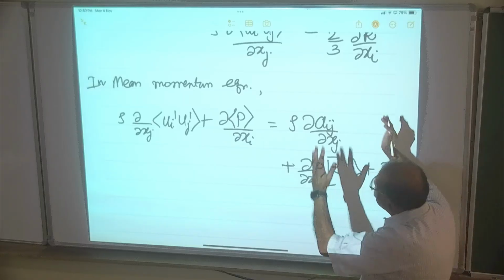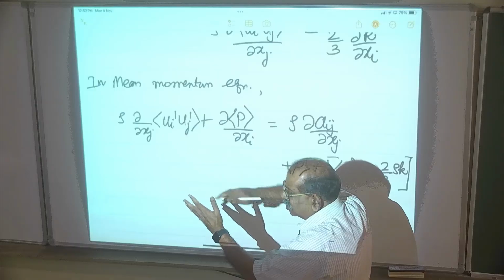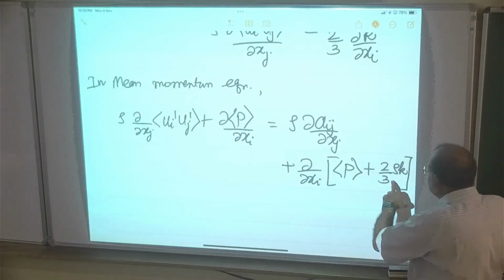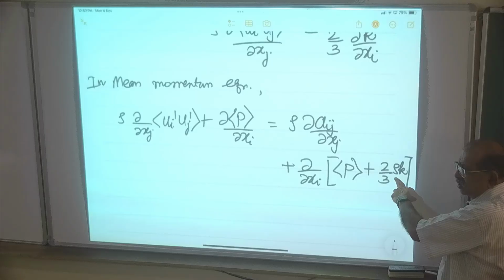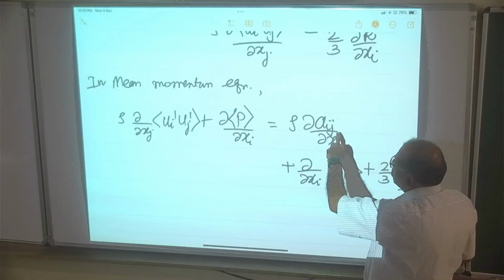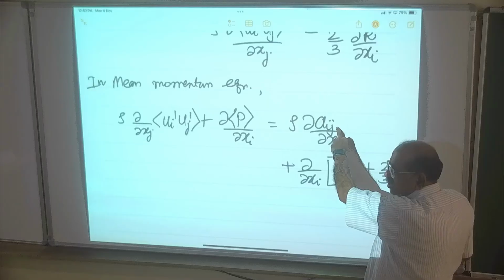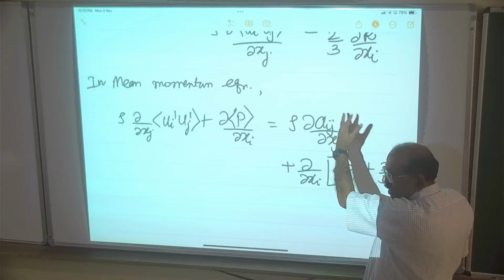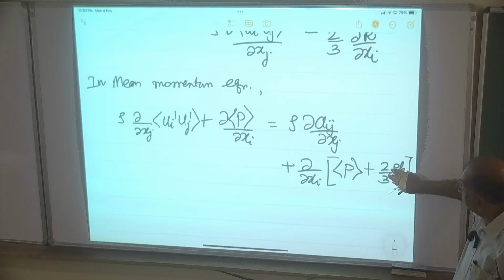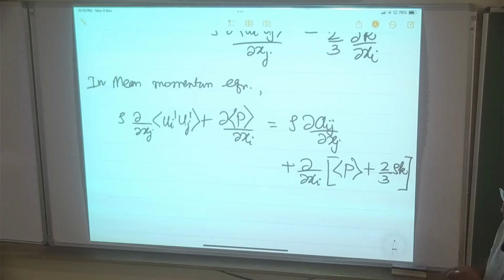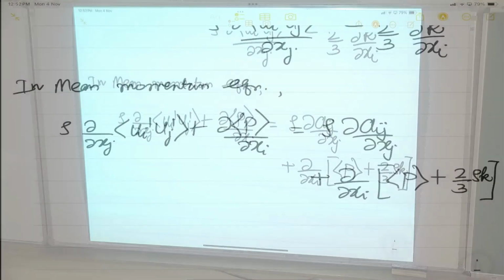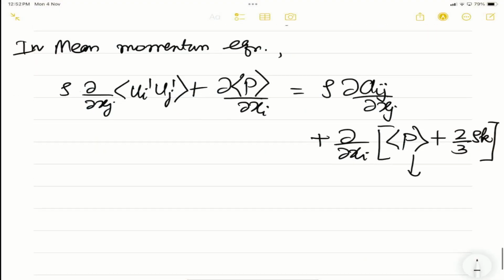So when you plug this in the mean momentum equation, instead of pressure we will have a modified pressure, and instead of the Reynolds stress term we will have the Aij term. It is this Aij which will affect the flow, and k can be clubbed with the pressure term. So this is what we call the modified pressure.